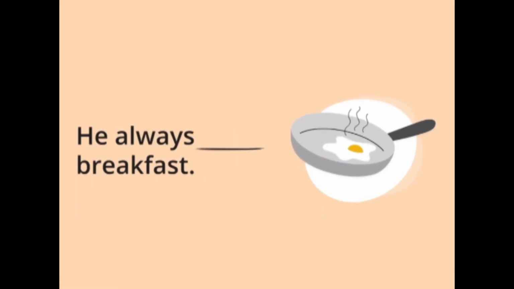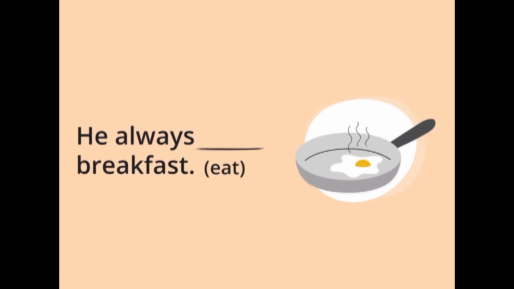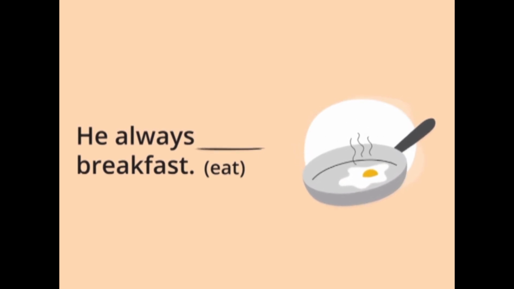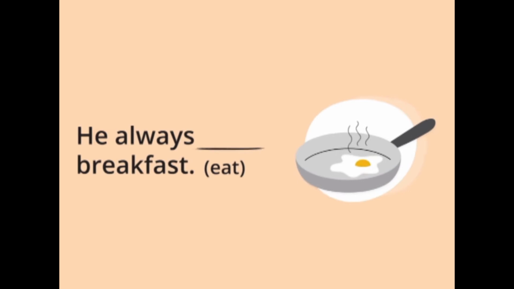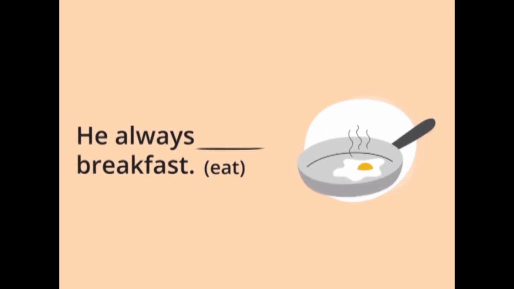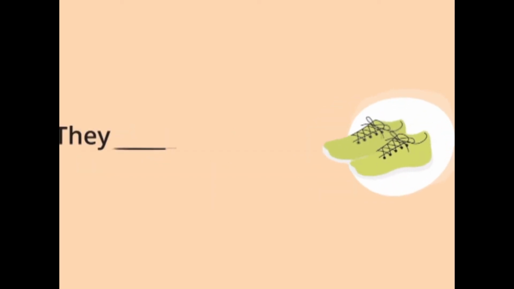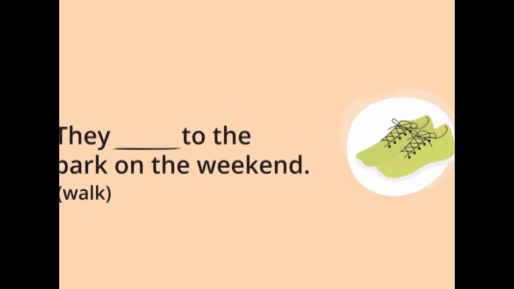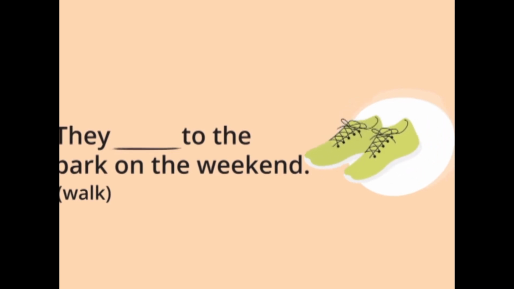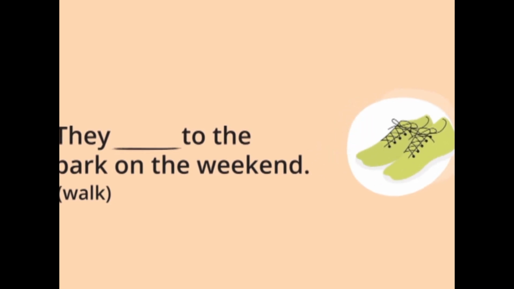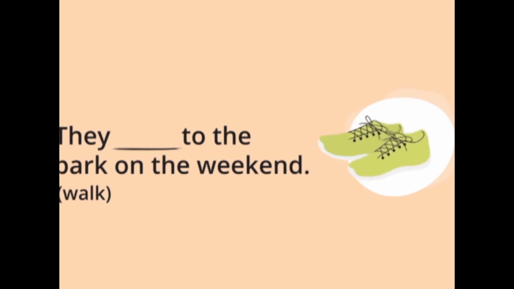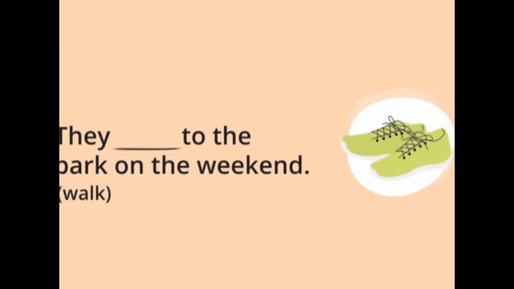He always dash breakfast. He plus verb plus s. So it is: he always eats breakfast. They dash to the park on the weekend. It is plural, so the plural form means they plus verb. So: they walk to the park on the weekend.